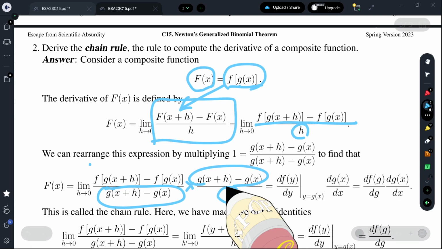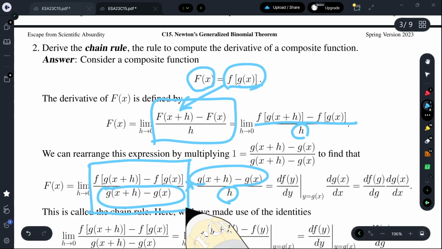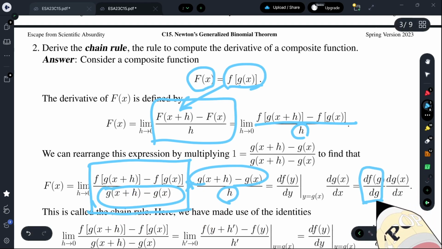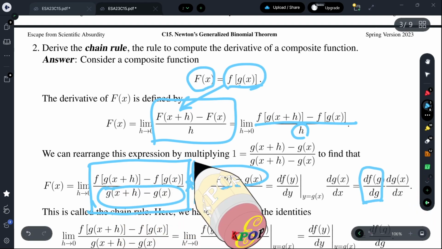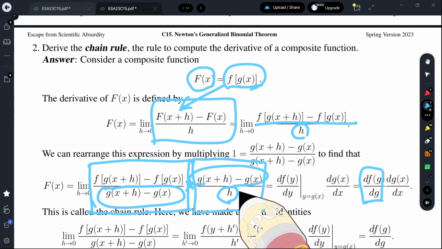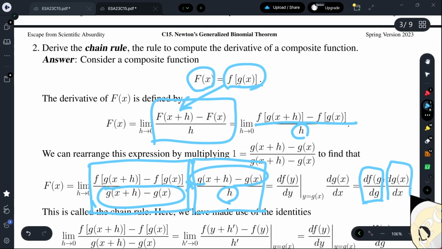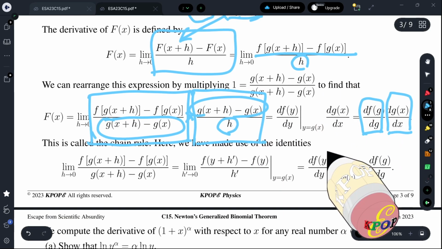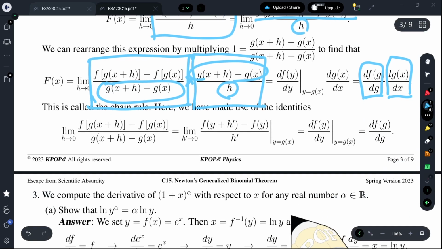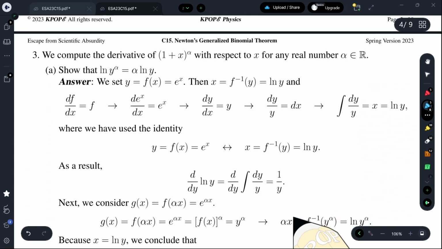As a result, the first factor becomes the derivative of small f with respect to g, and the second factor represents the derivative of function g with respect to x. This is called the chain rule.